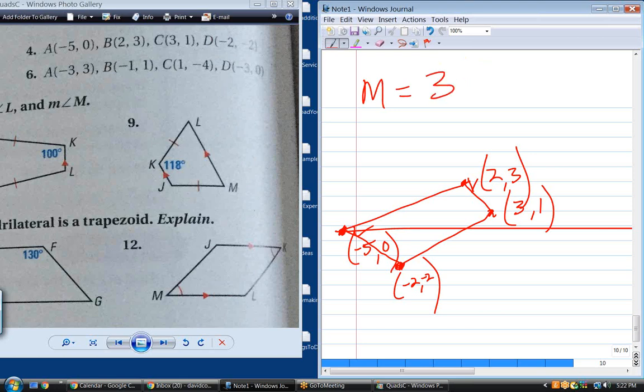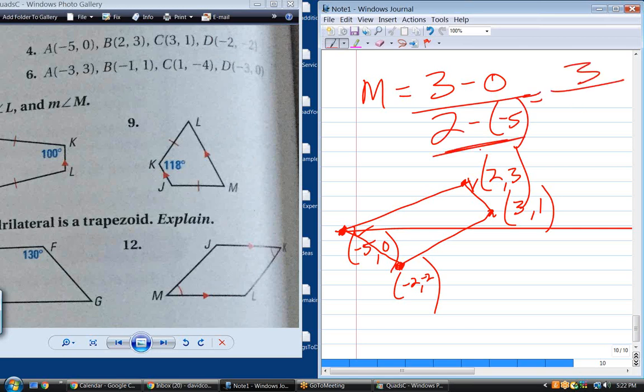Plug in the numbers. 3 minus 0, and then 2 minus a minus 5. That's 3 over 7. I keep thinking that's a positive slope, as it better be, because we're looking at a positive slope, right? Yep. Now, what's the slope of this line?